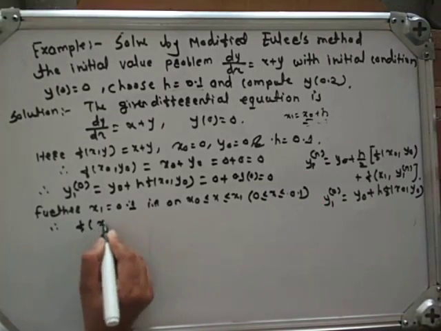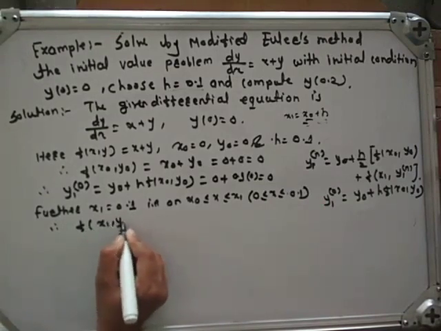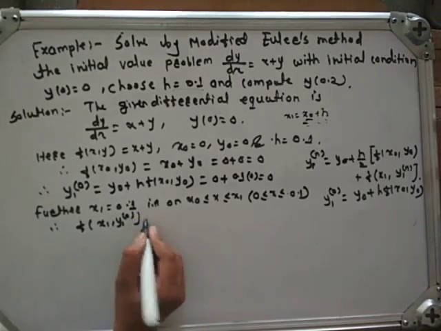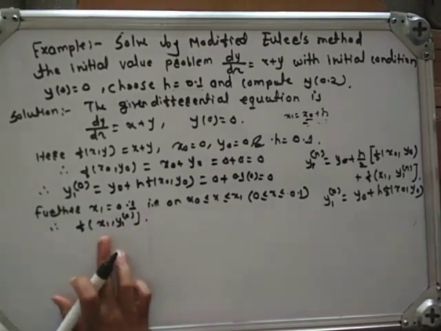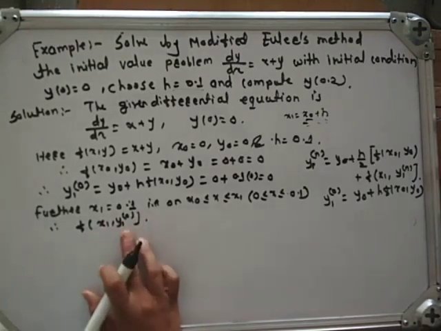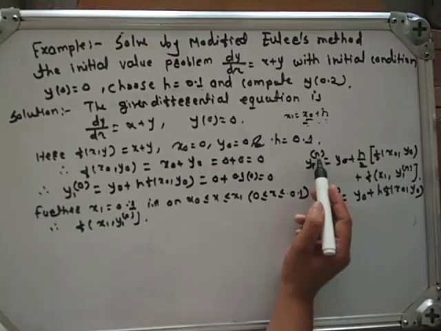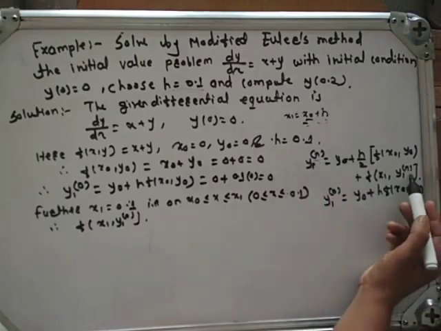Therefore, f of x1 comma y1 (0). First of all we will calculate f of x1, y1 (0) because we require it.